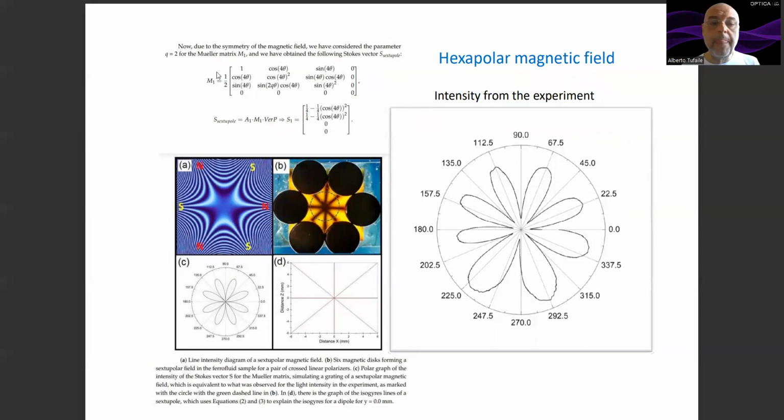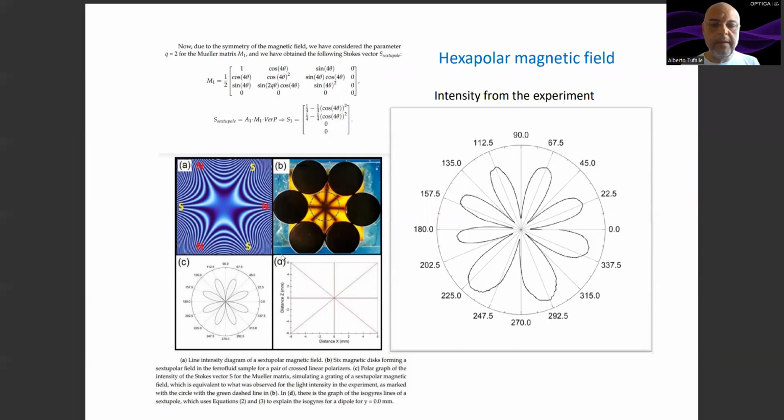Using now the Mueller matrix in a configuration of a hexapolar magnetic field that is represented by this sample, we obtained, this is the magnetic field diagram for this hexapolar magnetic field, and this is the pattern that we obtained in analyzing the light intensity in the region of this dashed circle.